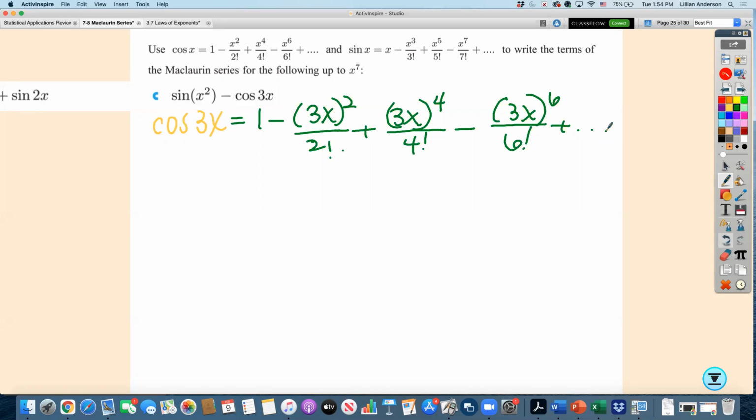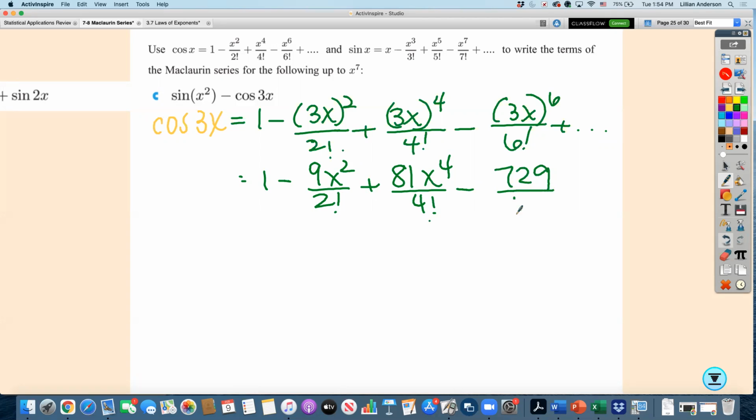Okay, so then that would be 1 minus 9x squared over 2 factorial, plus 81x to the 4th over 4 factorial, minus 729 over 6 factorial, x to the 6th, of course.